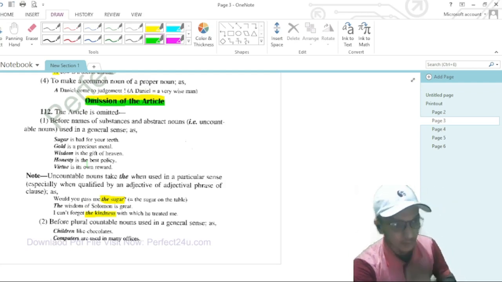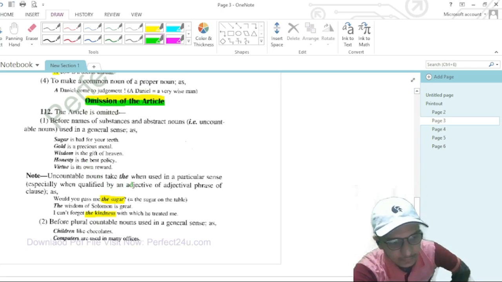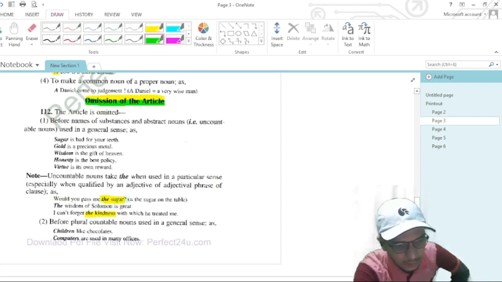Note: uncountable nouns take the when used in a particular sense, especially when qualified by an adjective or adjectival phrase or clause, as "Would you pass me the sugar?"